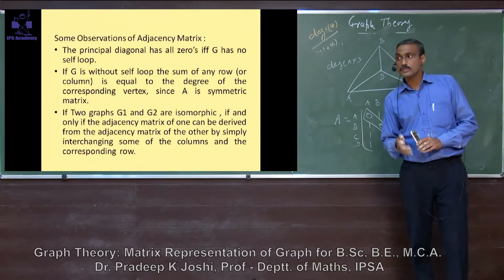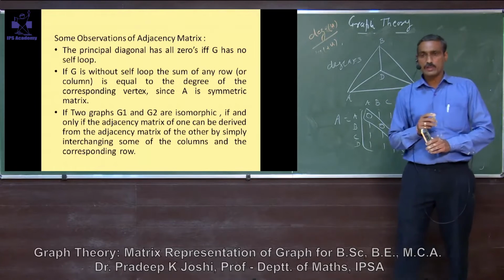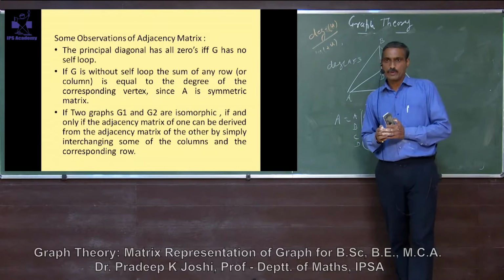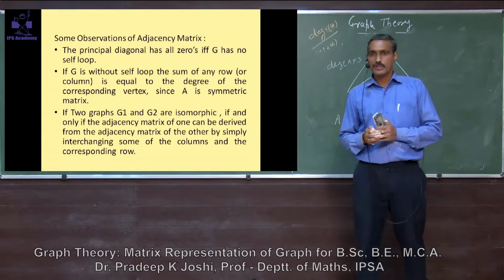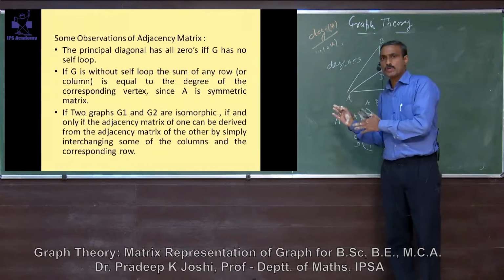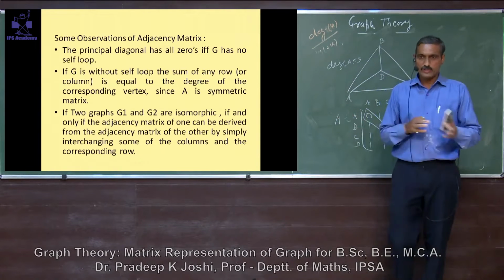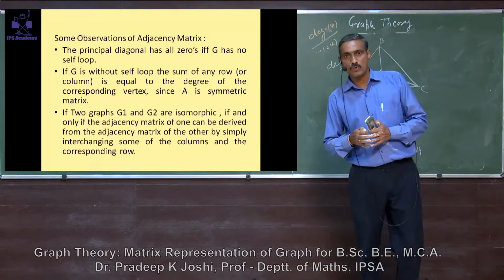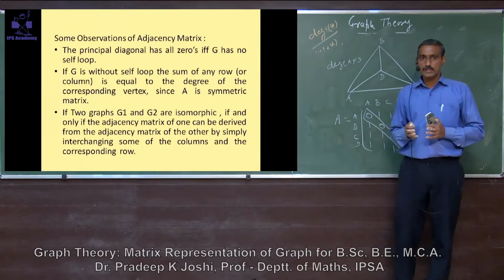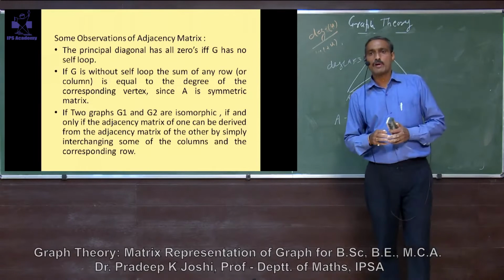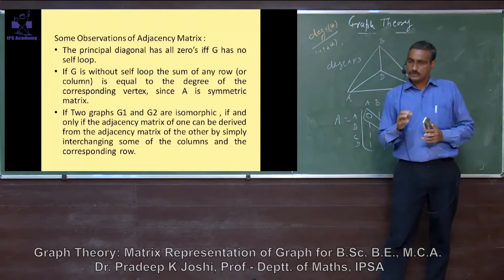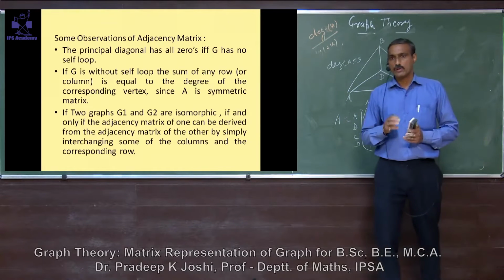This is a very important observation about two graphs. Yesterday we discussed the isomorphism of graphs: two graphs that are structurally different but internally the same. There we needed a one-to-one correspondence between the vertices of graphs G1 and G2. But directly with the help of the adjacency matrix, we can also find out whether two graphs are isomorphic or not.